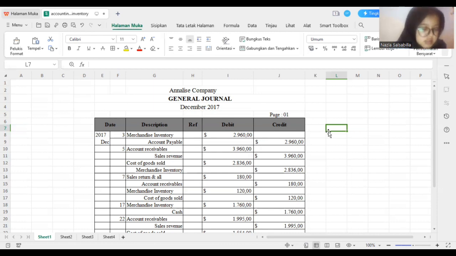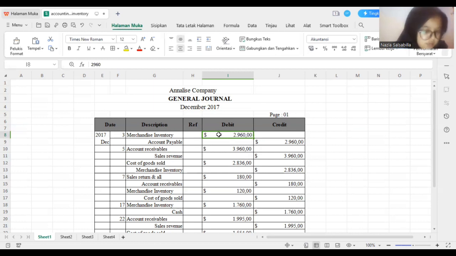The first transaction during December, on 3rd December, was a purchase of 4,000 units of inventory on account at a cost of 0.74 per unit. The journal is merchandise inventory on debit $2,960.